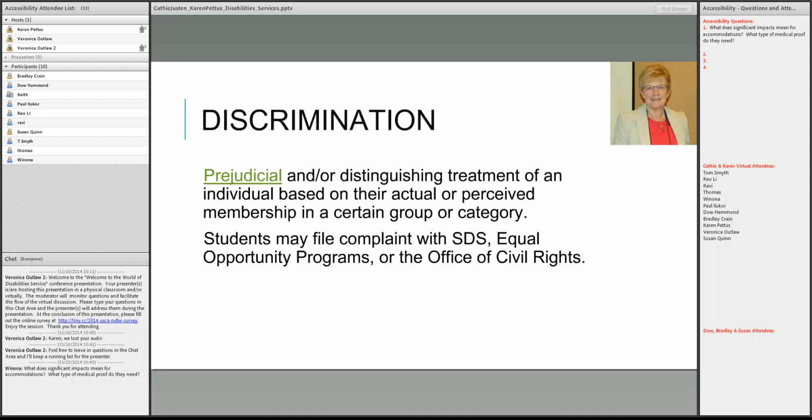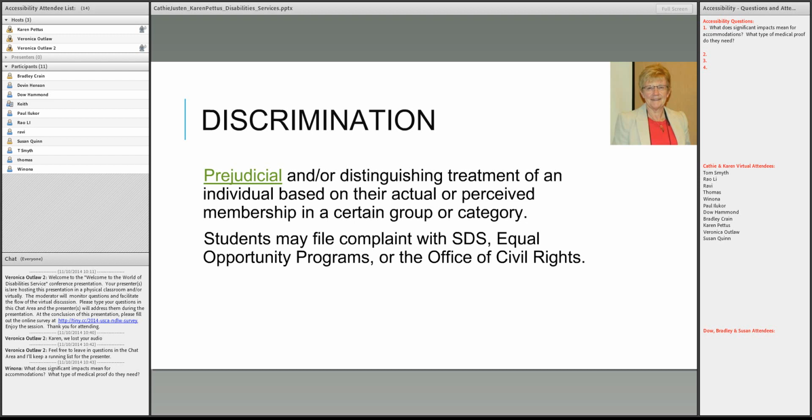A lot of times I will use diabetes as an example because it's a little bit easier, I think, to understand. You may have 5 or 6 people with diabetes, and one person is able to control their diabetes with diet, and they don't even need to take insulin. So as long as they eat properly, they get enough rest, they take care of themselves, they don't have an impact. So they might not need an accommodation at all.